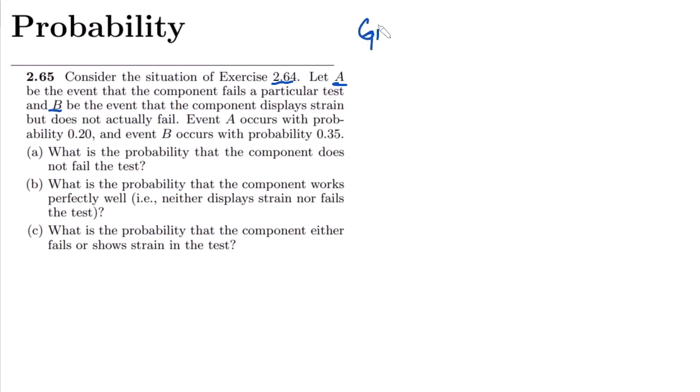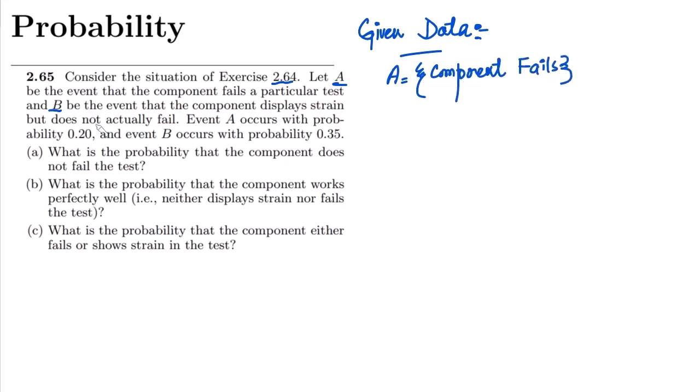So this is the given data. As I read it, I am also going to write it. So A is the event that the component fails, and B is the event that the component displays strain but doesn't actually fail. So B is what?